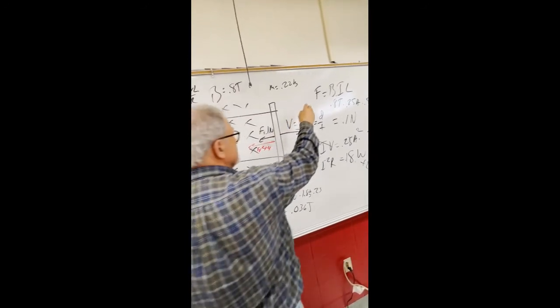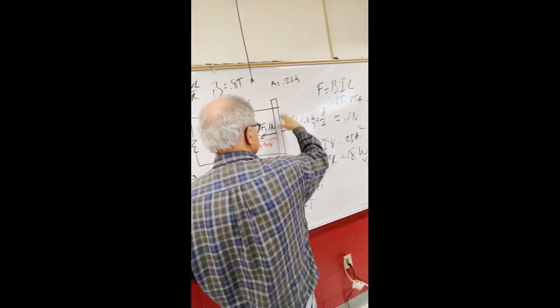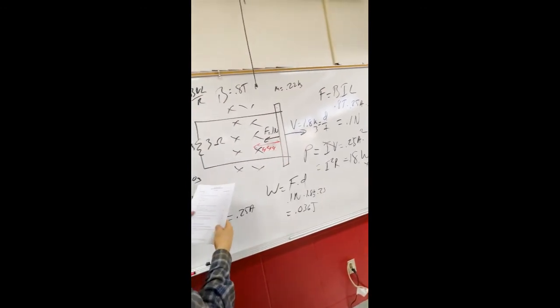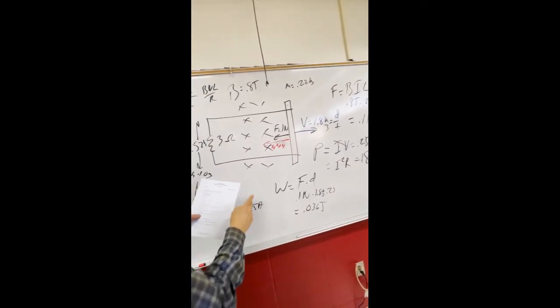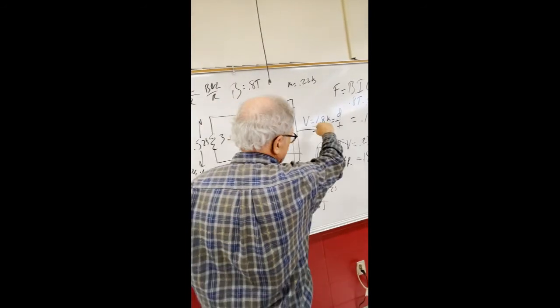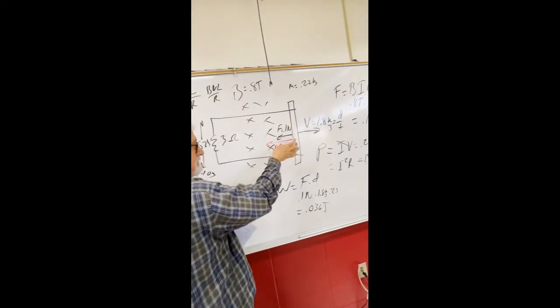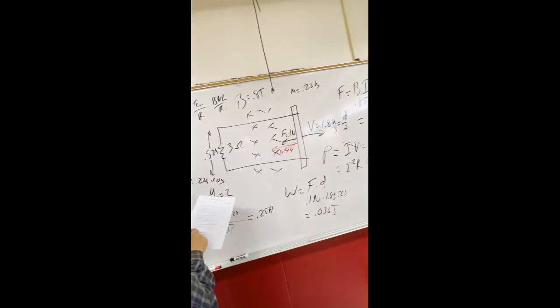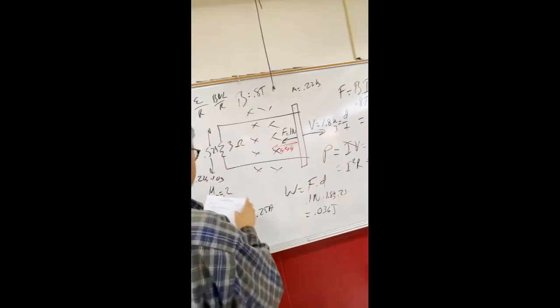That's the force that's making the current that you have to overcome. There's also the force of friction. So the total force is the force required to just pull it past there, because of the back EMF that's fighting you, plus that.